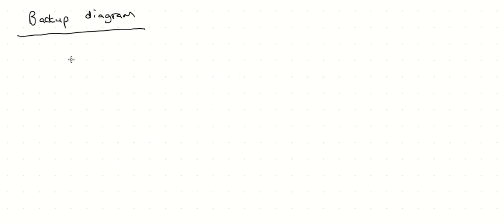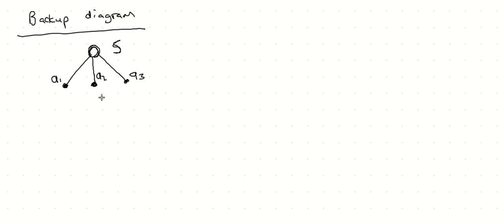So let's start with our backup diagram, and we start here in a state S. From this state we can take an action A1, or a different action A2, or another different action A3.